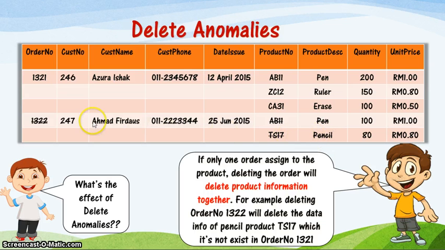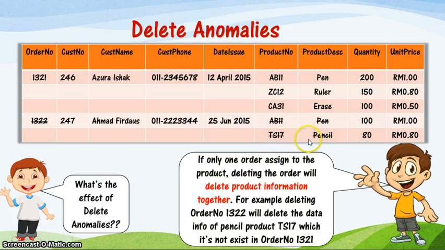So once you delete order number 1322, all the info of the products will be deleted together. In this case, the info of the pen we can still refer to on order number 1321. But for the pencil with product number TS17, we cannot refer to any order number 1321 because the pencil is not there. So the info of the pencil is deleted.